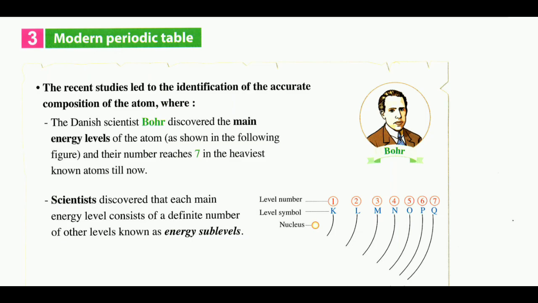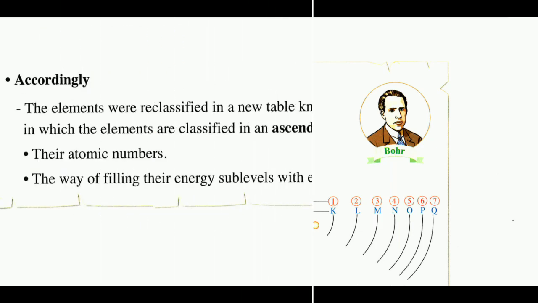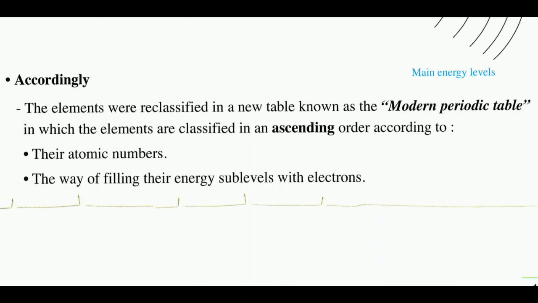Scientists discovered that each main energy level consists of a defined number of other levels known as energy sublevels. Accordingly, the elements were classified in the new periodic table, known as the modern periodic table, in which the elements are classified in an ascending order according to their atomic number and the way of filling their energy sublevels with electrons.